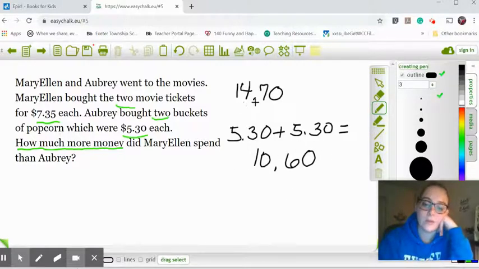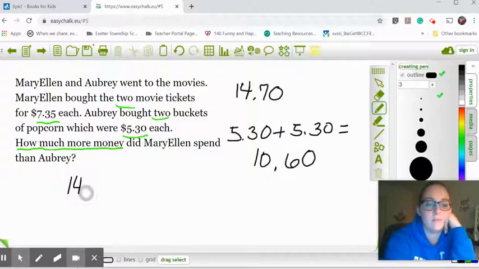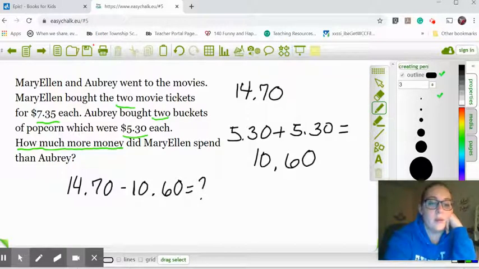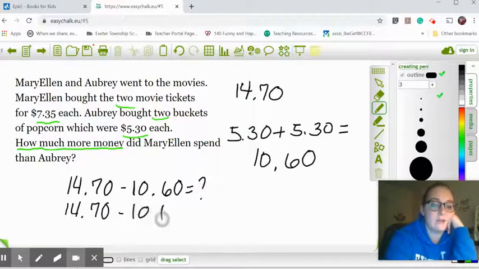So now we know that this is how much Mary Ellen spent and this is how much Aubrey spent. So now we have to subtract. So I know that $14.70 minus $10 equals $4.70.